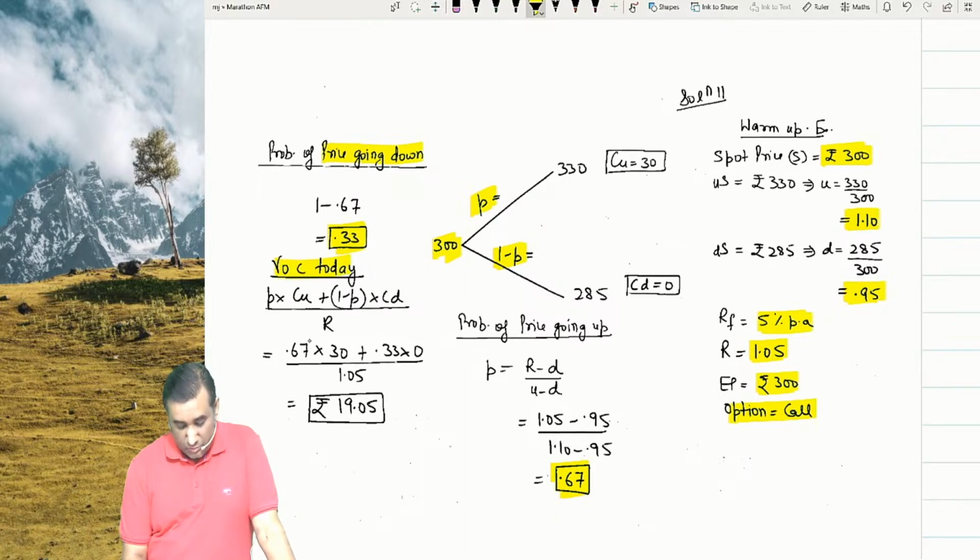The value of the call today is P into CU plus 1 minus P into CD, that gives you 19.05. Check the numbers once please.